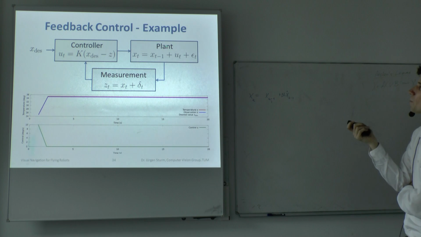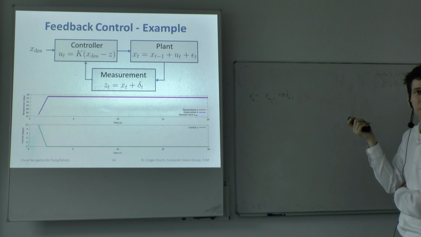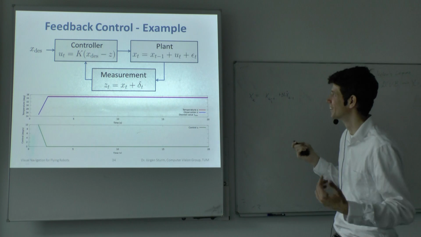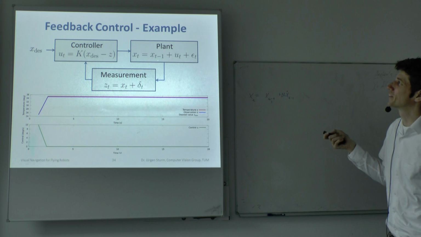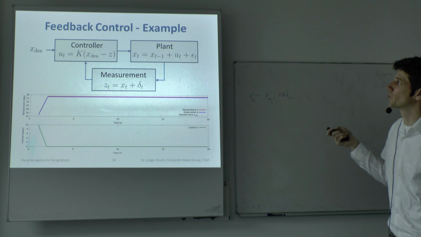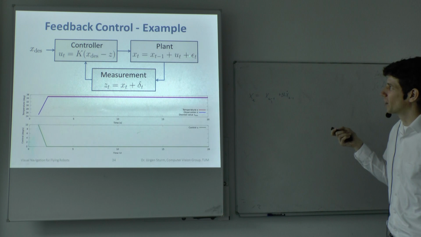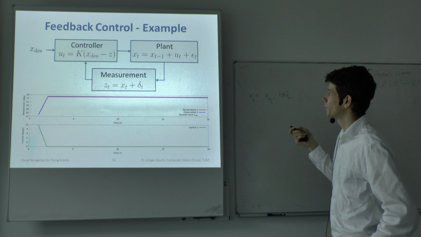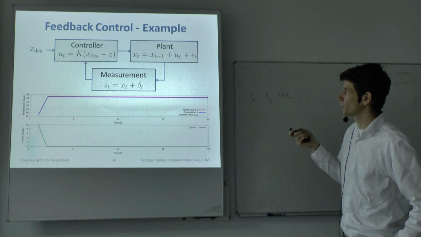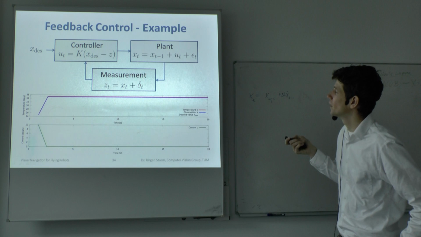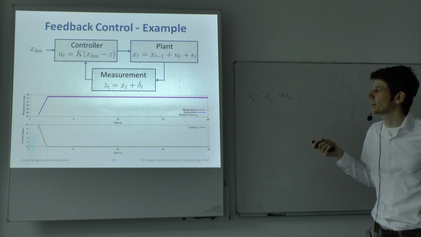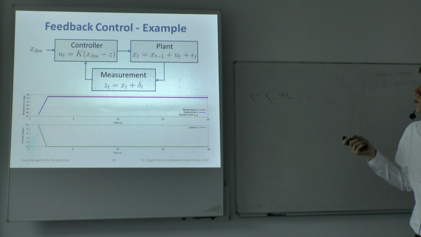And then we have a plant here, which is the process. In this case, this is the shower, so to speak. The shower keeps its same temperature. It has a linear model plus the desired control, and the shower has some noise term, or could have some noise term, epsilon. We'll see in a second. So this is the dynamics model of the plant, and then we make a measurement of that, potentially noisy again, and then we will use this measurement to compute the next control command.